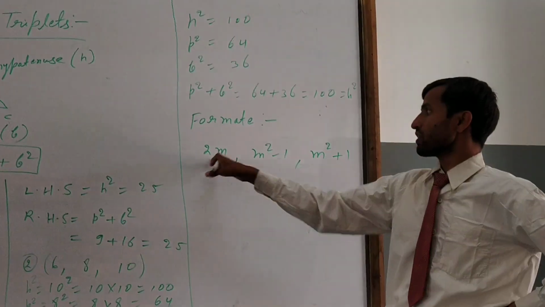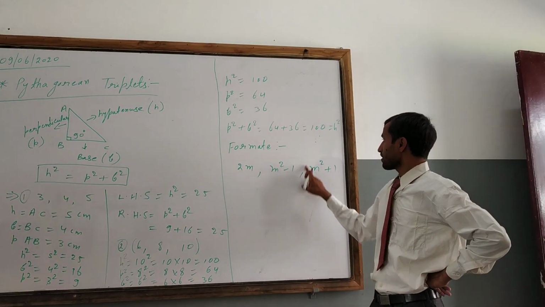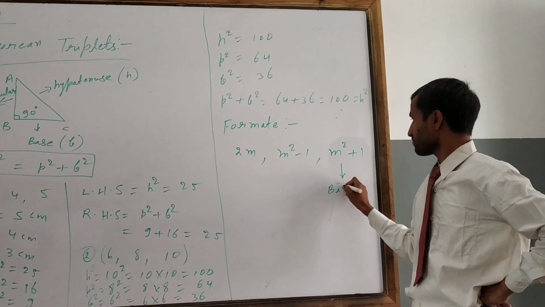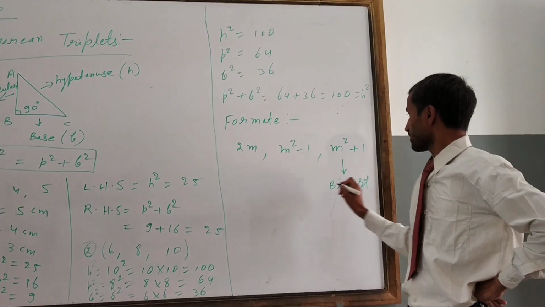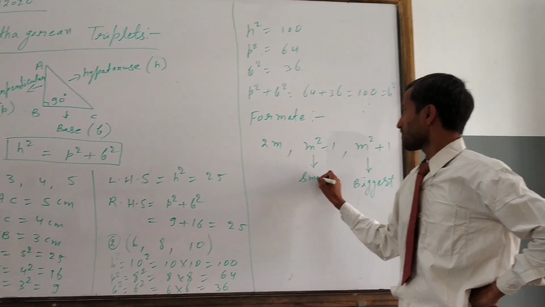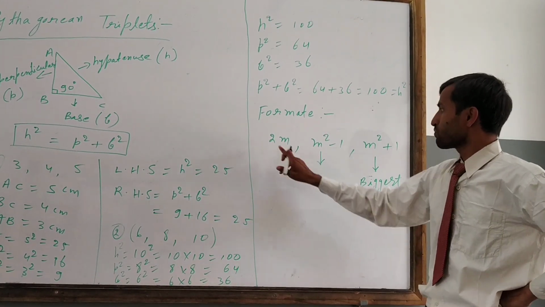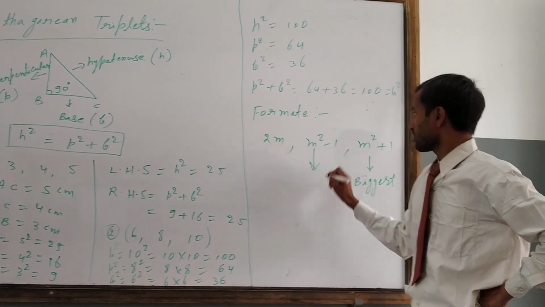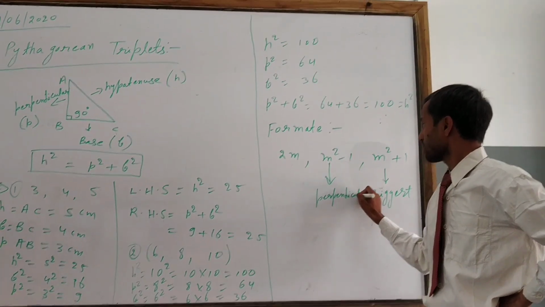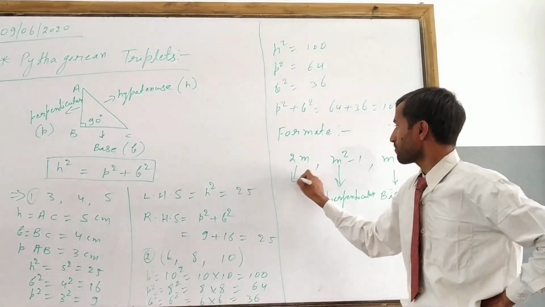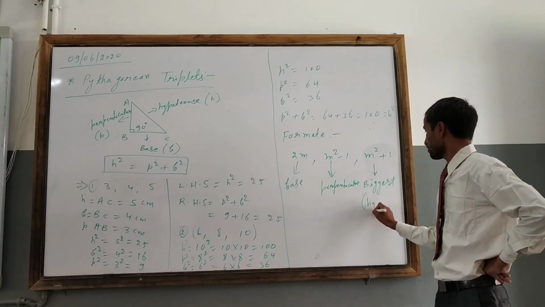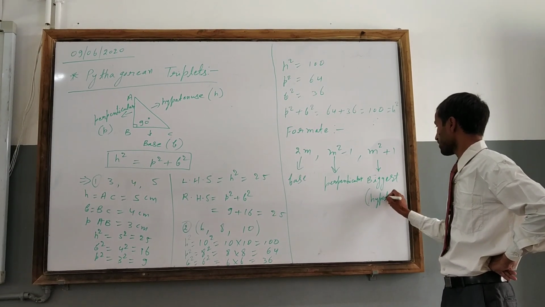You can interchange base and perpendicular, but the biggest number is always the hypotenuse.